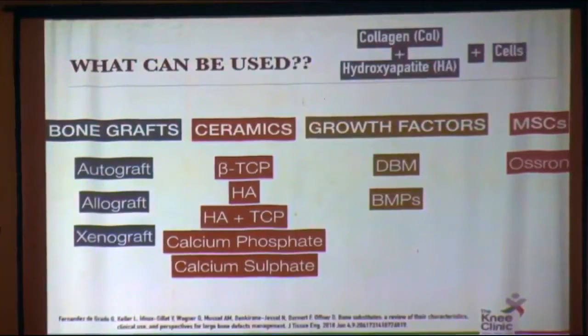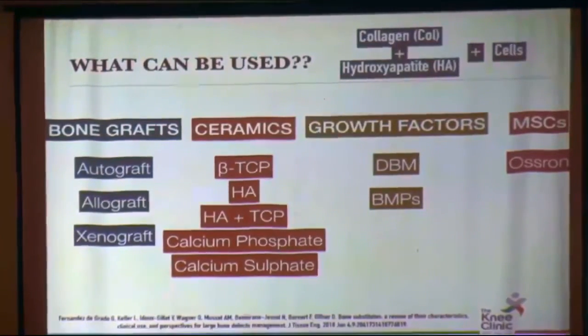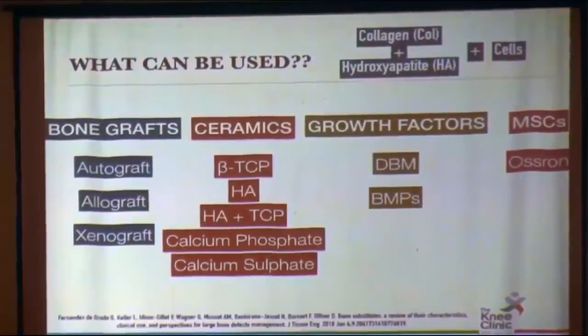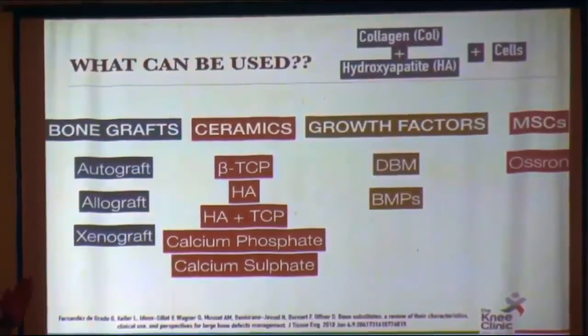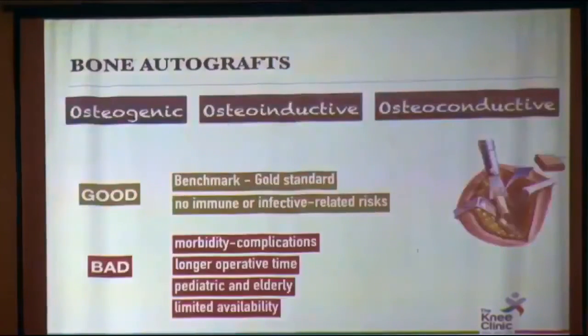So beta TCP, that's tricalcium phosphate, hydroxyapatite, a combination of HA and TCP, calcium phosphate, calcium sulfate. You can use growth factors like demineralized matrix and BMPs. And then of course you can use mesenchymal stem cells, stuff that you can inject and that throws bone. So I'll just cover all of these in short.